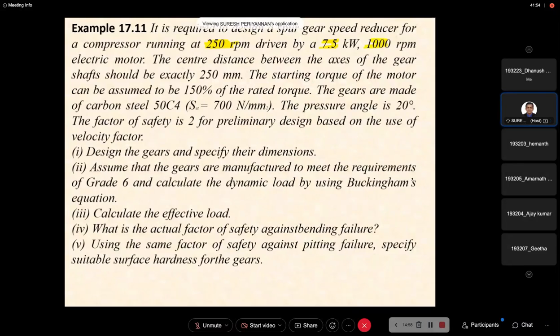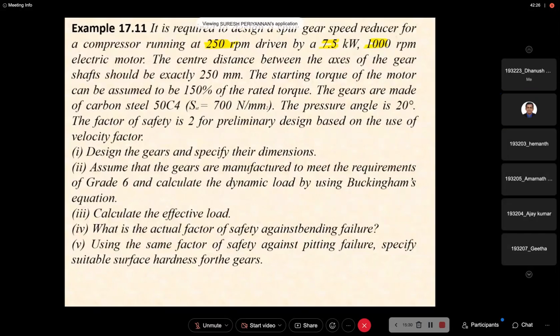Now you tell me, please: is the 250 rpm corresponding to pinion speed or gear speed? And the 1000 rpm, is it corresponding to pinion speed or gear speed?